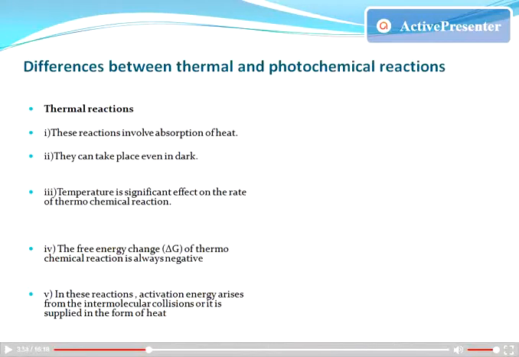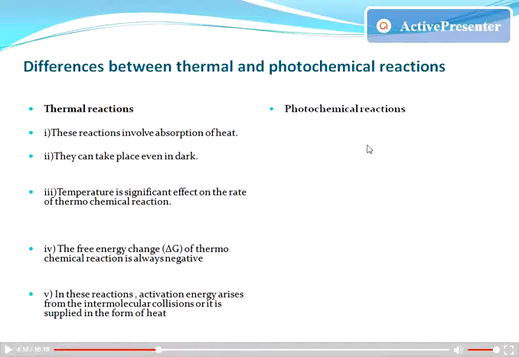Okay, so let's look at the differences between thermal and photochemical reactions. First of all, we have the thermal reactions. These reactions involve absorption of heat. Okay? For these reactions to occur, we need to absorb some heat.